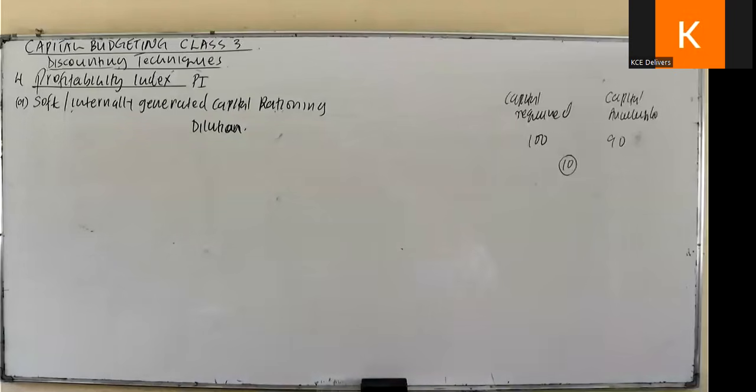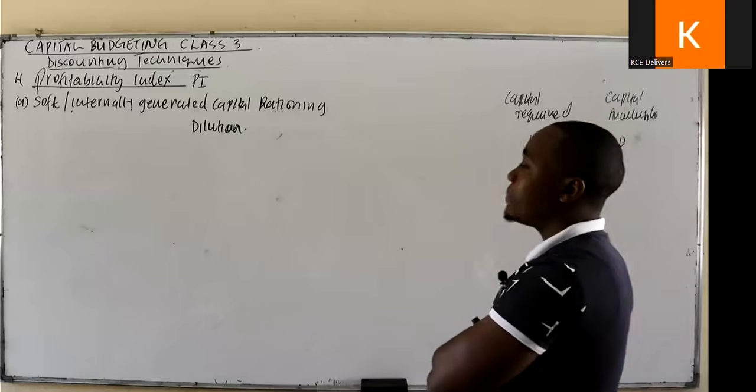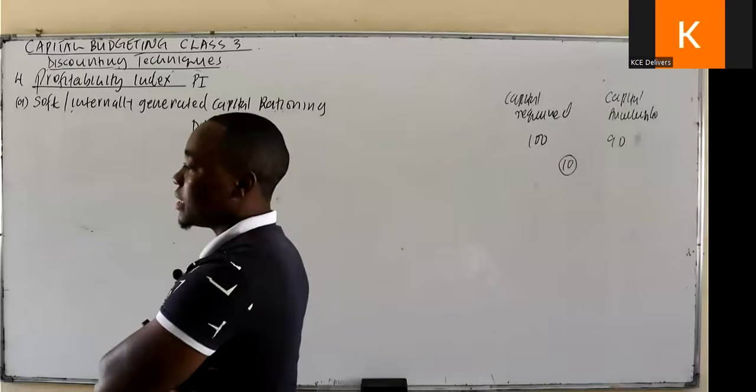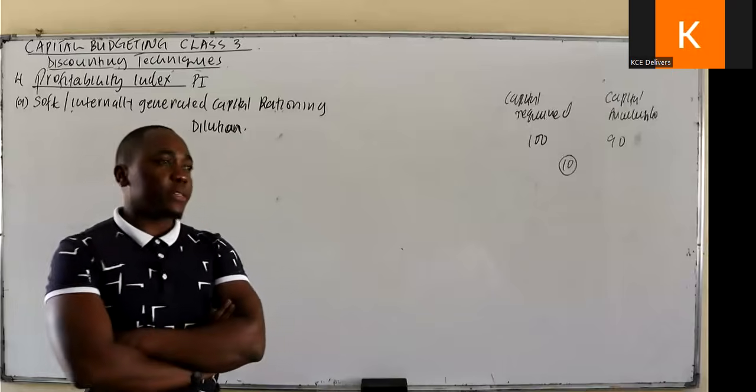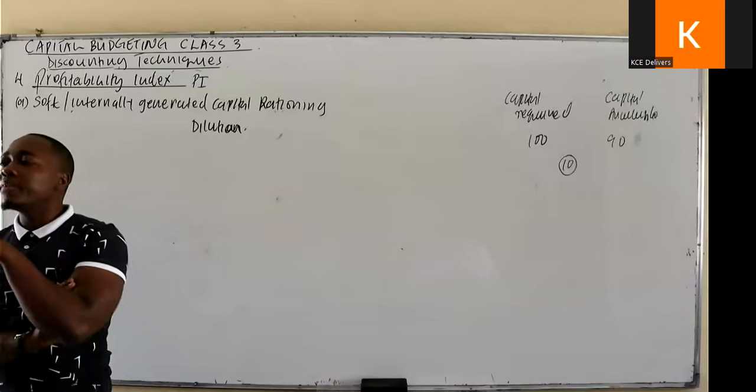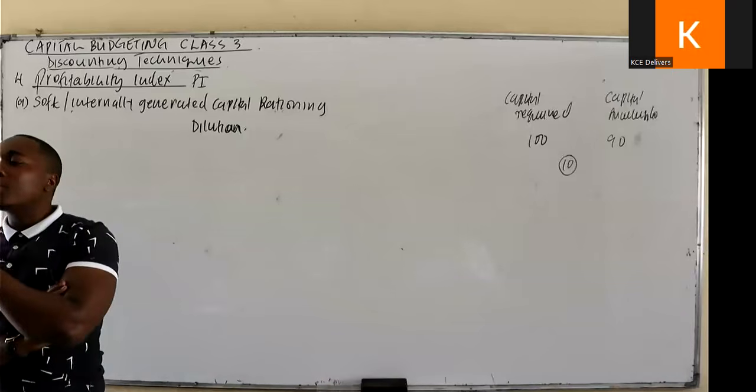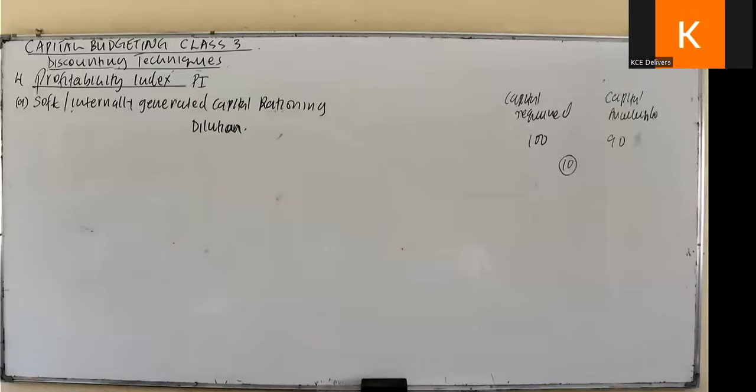Where the management has set a capital budget limit, what does it mean? Now, this is what happens. Remember, at the start of each financial year, the company comes up with a budget.